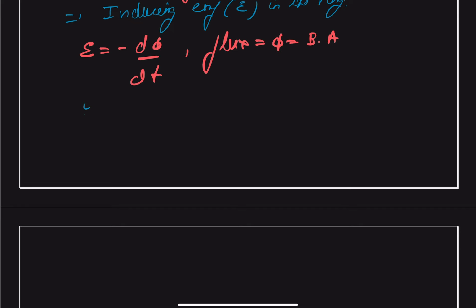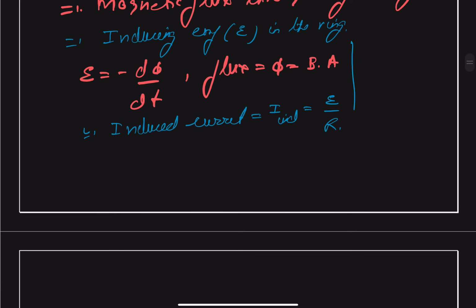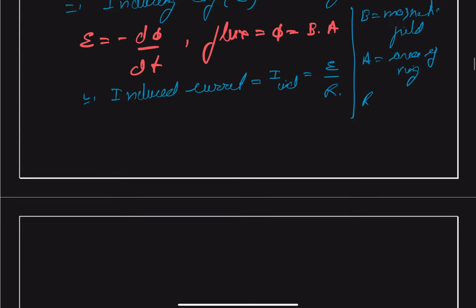So the induced current I will be equal to EMF divided by R, where R is the resistance of the ring.